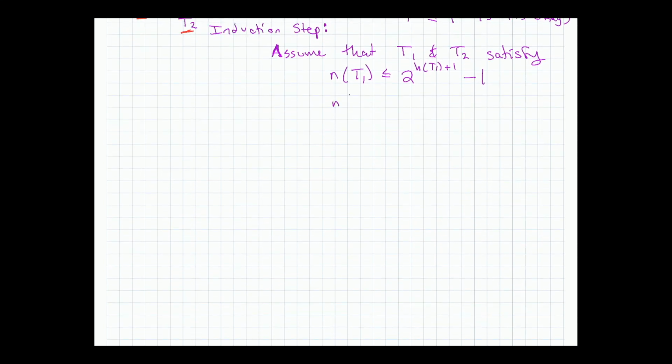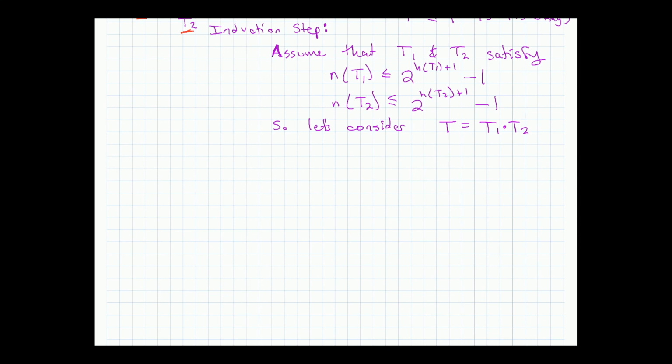And then n of T2 needs to be less than or equal to 2 to the height of T2 plus 1 minus 1, right? And now we need to look at T, the combination of T1 and T2. So let's consider T, which is going to be T1 dot T2. And we need to look at the number of vertices of that.